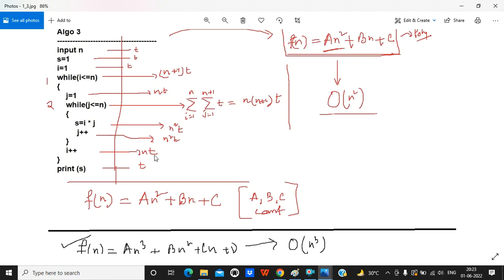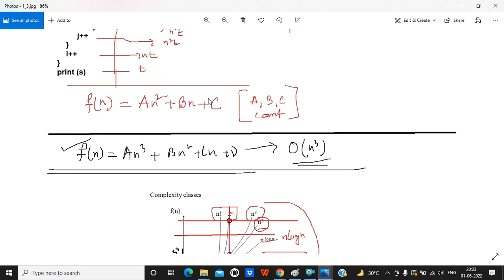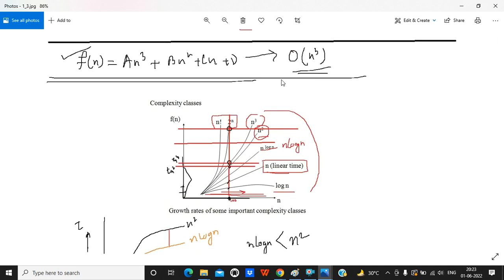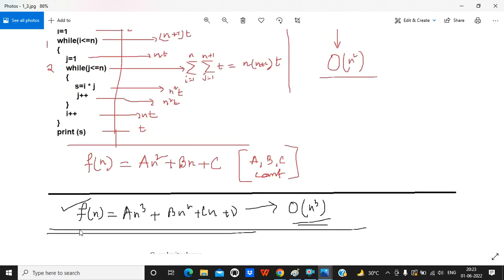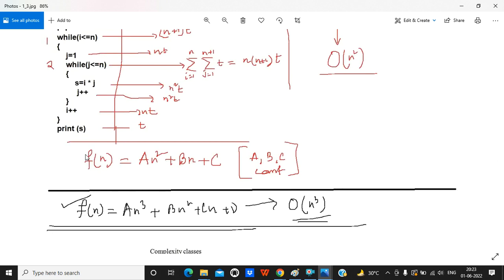Up to this we did. Now we will consider something called asymptotic notations.